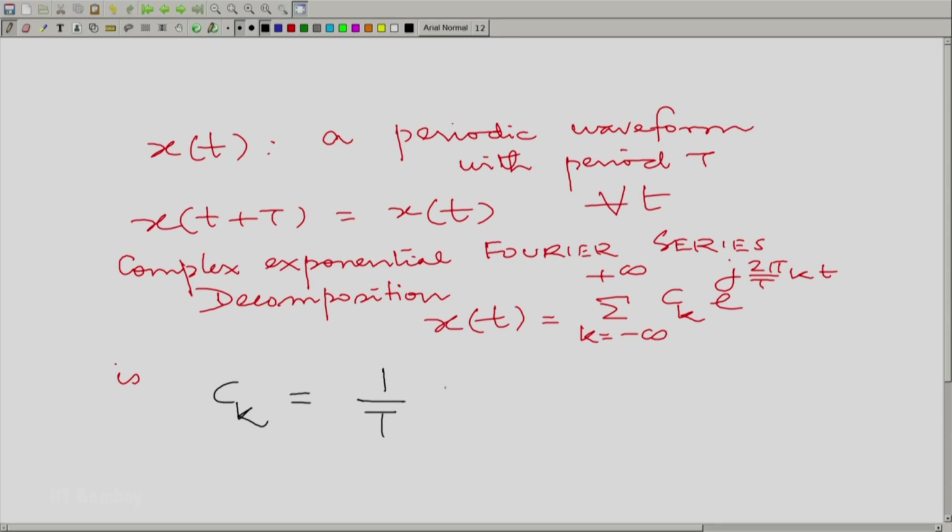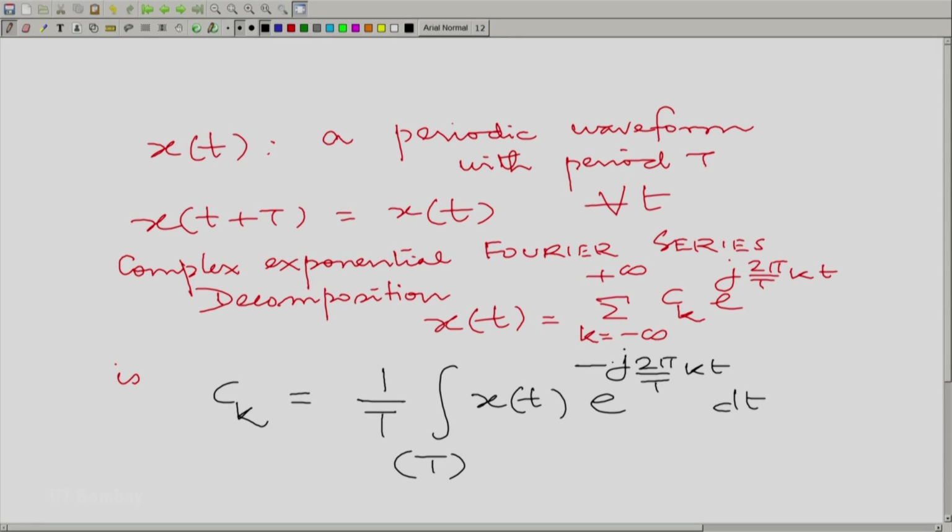It is 1 by T integral over any contiguous interval of T of xt e raised to the power j 2 pi by T kt dt complex conjugate, but complex conjugation is equivalent to putting a minus sign here.